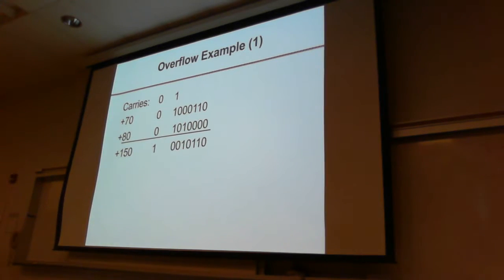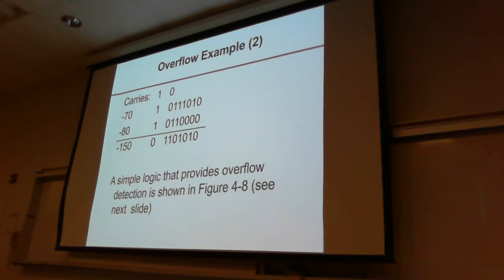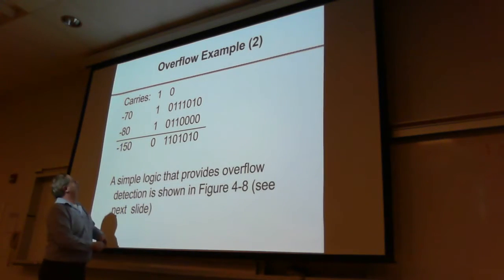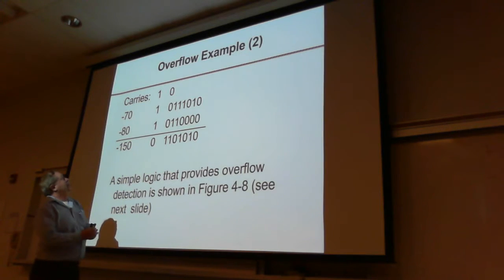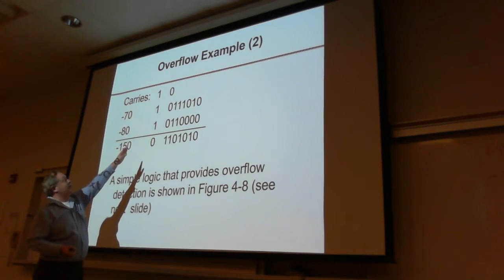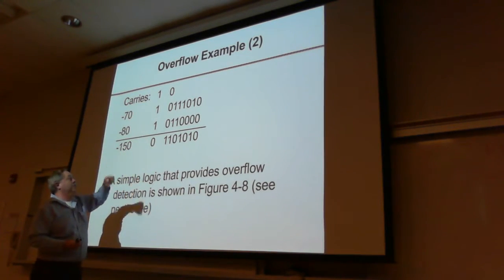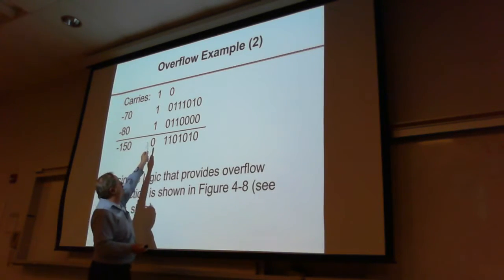Okay, so now we have positive, go back to the negative. So I have negative 70 plus a negative 80. And since they're negatives, I've got my sign bits now set. They weren't set as they were in the previous example.